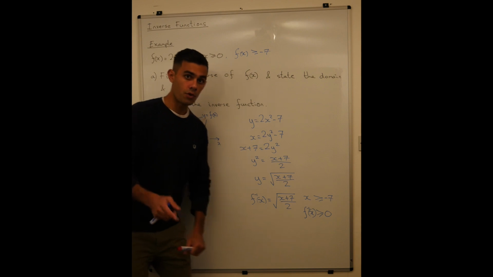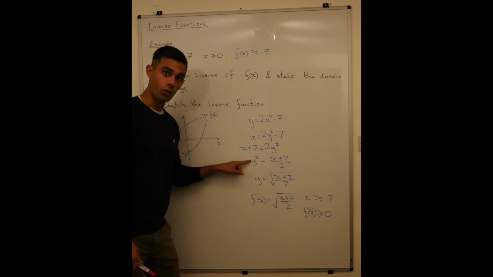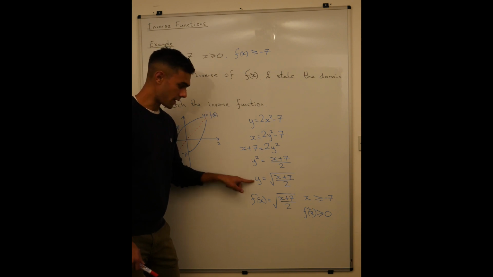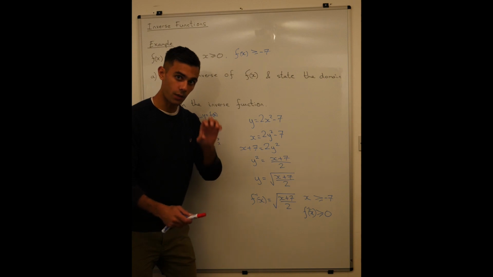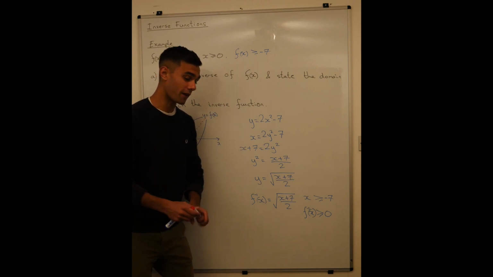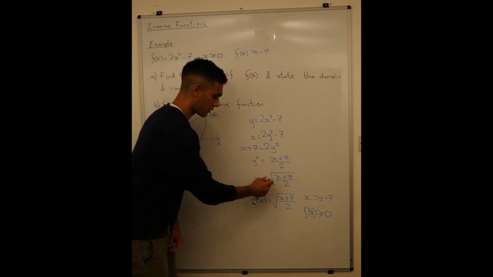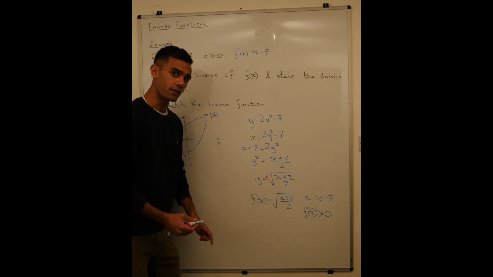Some of you may have realised that when we're working out the inverse, we had to square root on one line from here to here. And when you square root, you have to take into account the positive and the negative root. So I should have actually written this, plus or minus in front of the root. Yet I didn't.